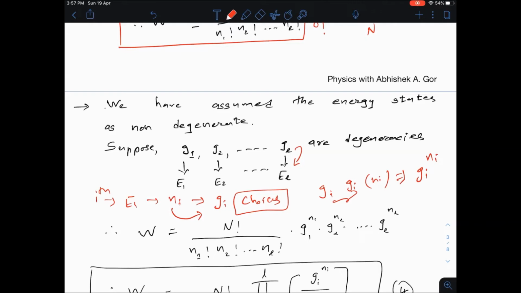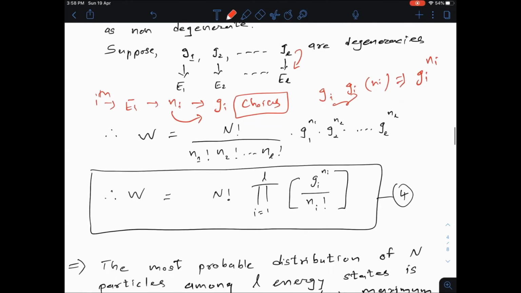Similarly for the Lth level we have GL degeneracies, then it has GL to the power NL ways of arranging particles in GL levels, right? Then this equation can be simply written in this form. This is a very important equation, okay.